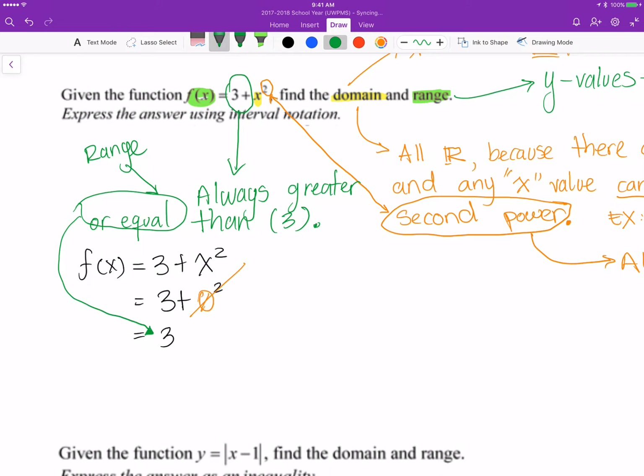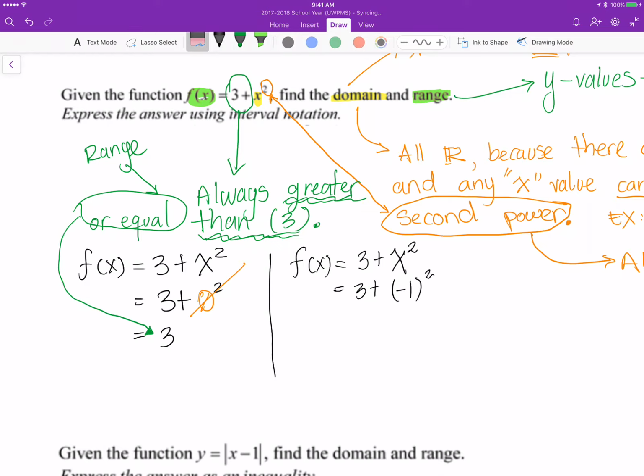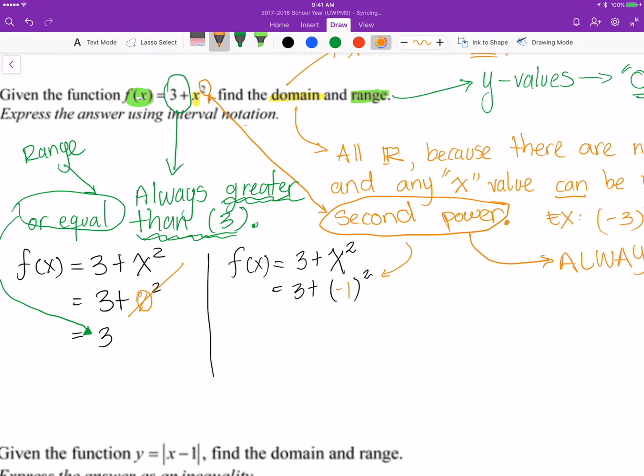Now let's satisfy this other part. Greater than 3. And I don't have to pick anything complicated. The function of x equals 3 plus x squared equals 3 plus, it could be -1 or it could be 1. It doesn't matter. It's always going to be positive because of my little unspoken rule.